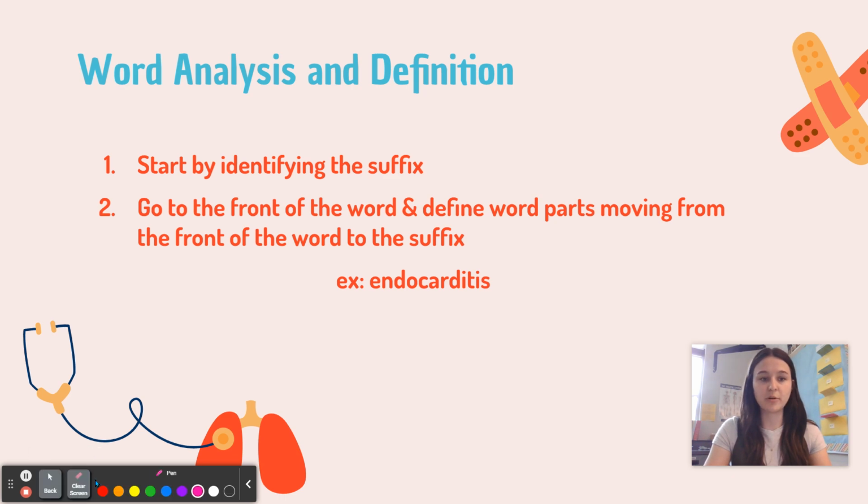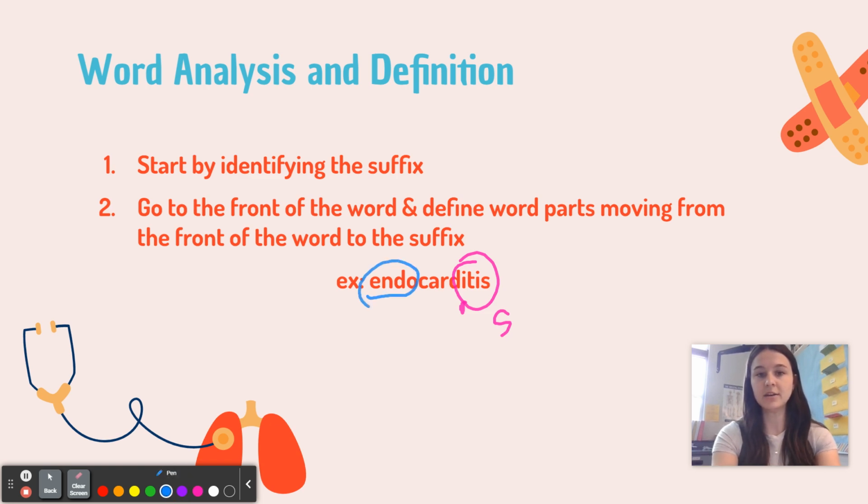So here's an example. In this word, I can see that there's a vowel right here. And I know, because I've studied this, that itis is a suffix. Okay, and so from here, I can go back to the front of the word, and I know endo is a prefix.